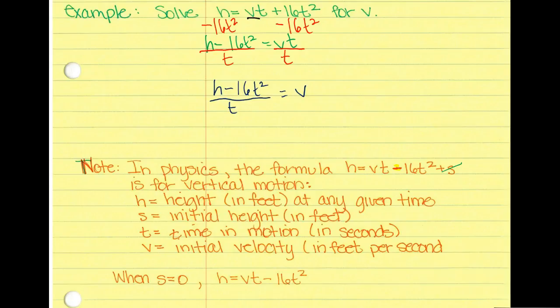S is the initial height in feet. T is time in motion in seconds. And v is your initial velocity in feet per second. So when s is 0, we get a formula very similar to the one that we had above. H equals vt minus 16t squared.